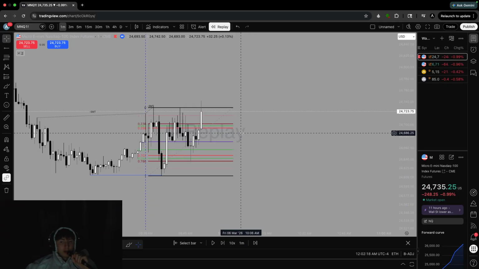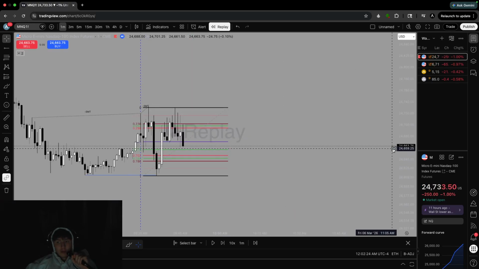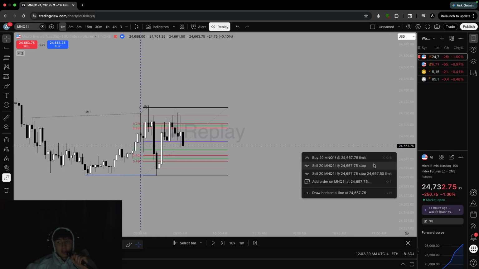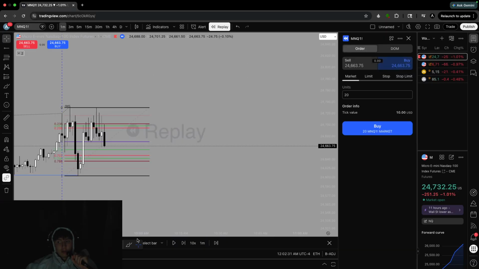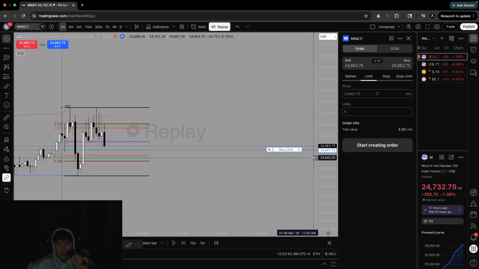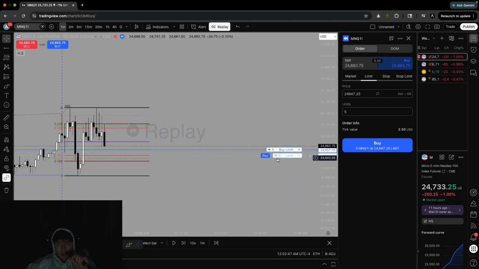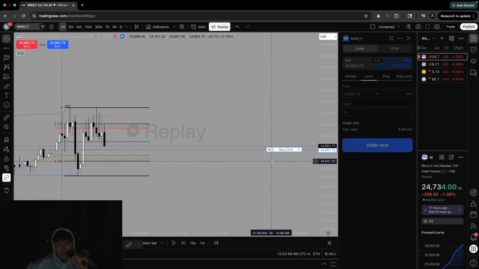Am I overcomplicating it right now? Look. We would go TP trade 5, the limit right there. And then a limit right there.